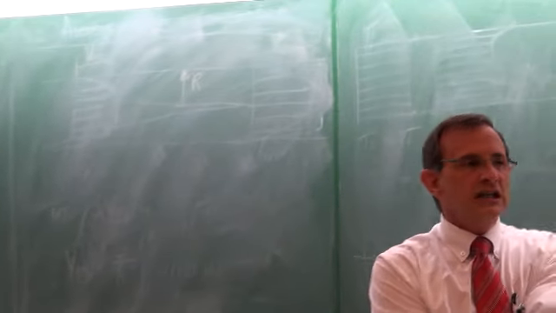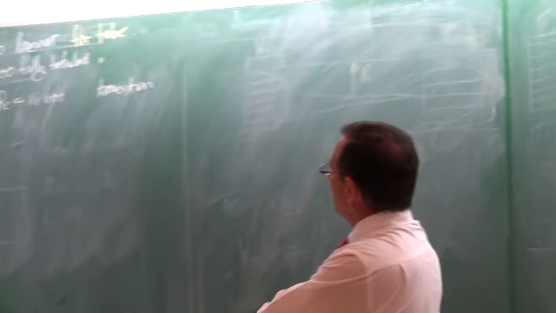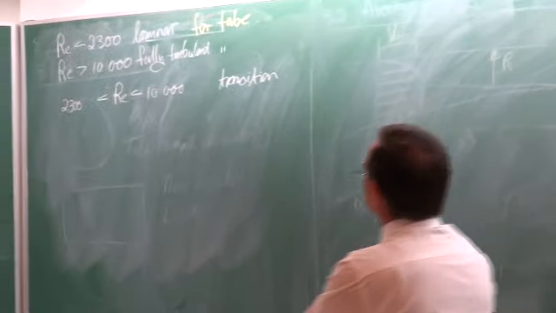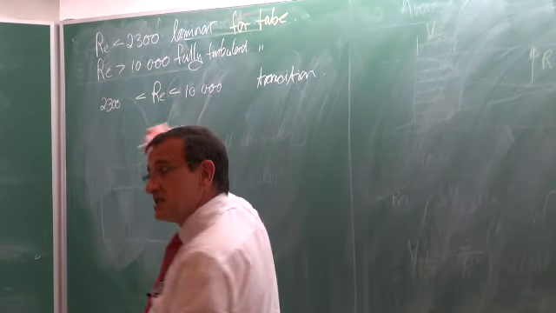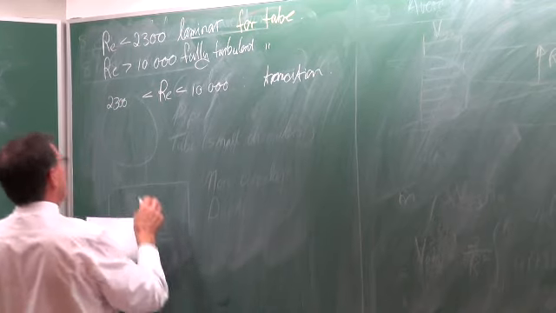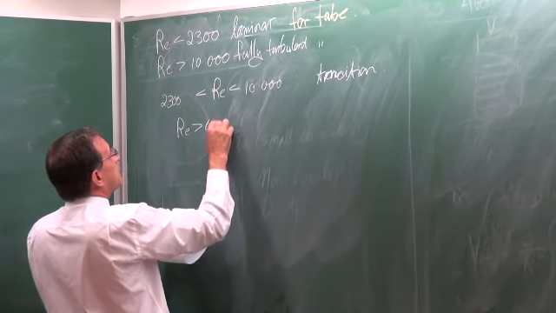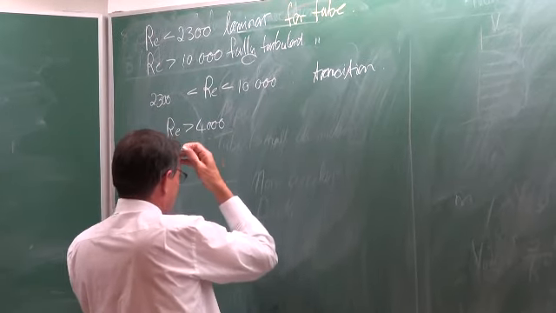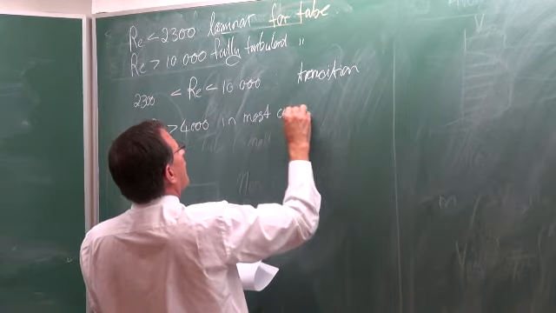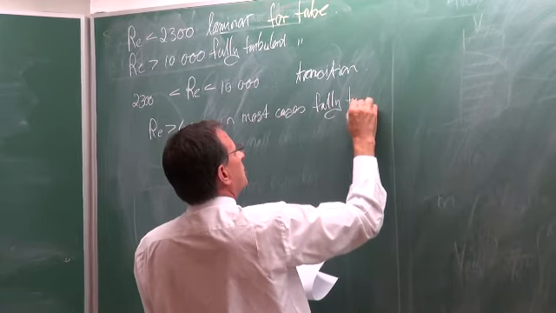Now transition, in heat transfer or fluid mechanics, is a very complicated thing. We are not going to really have time to consider it in detail. But for the purposes of this textbook, that is what the author does. And what he also says is that if the Reynolds number is larger than 4,000, then in most cases it can also be considered as fully turbulent.